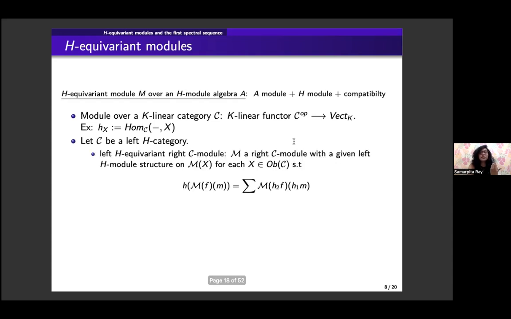And the definition is that the H-equivariant modules of the category C, where C is the H-category, are basically C-modules such that for each object X in the category, M_X is endowed with the H-module structure, which is compatible with the morphisms in the following way.